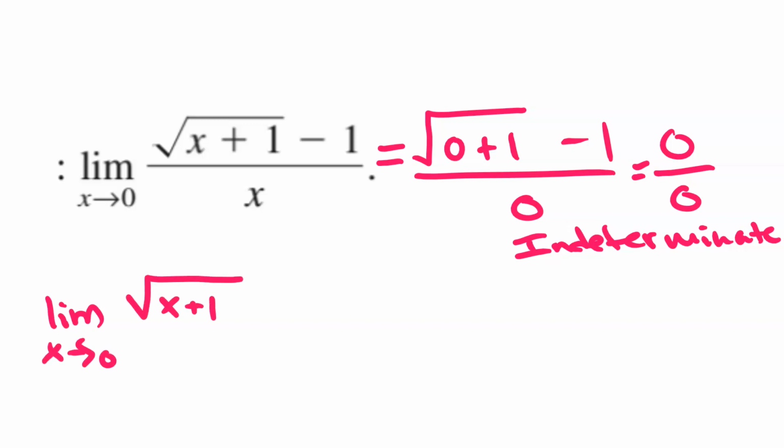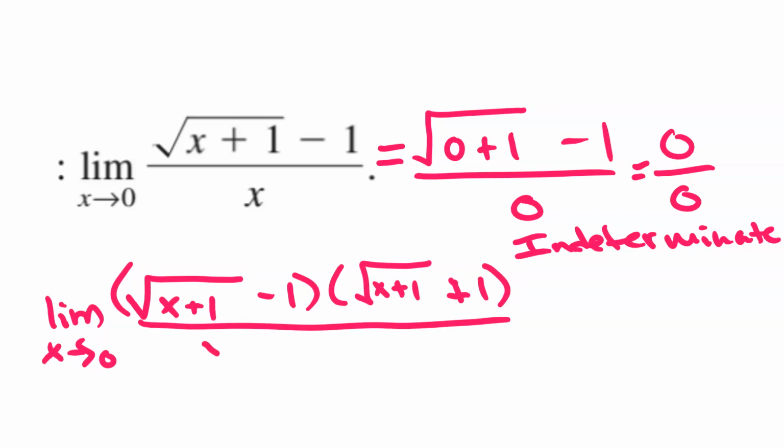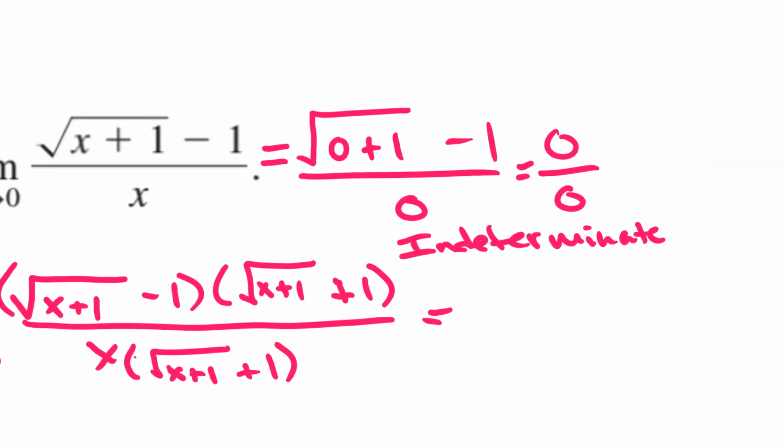And when we're indeterminate, we have to multiply by the conjugate over itself. And when you do that, you're going to get the difference of squares on the numerator. And on the denominator, we just leave those factors separate.